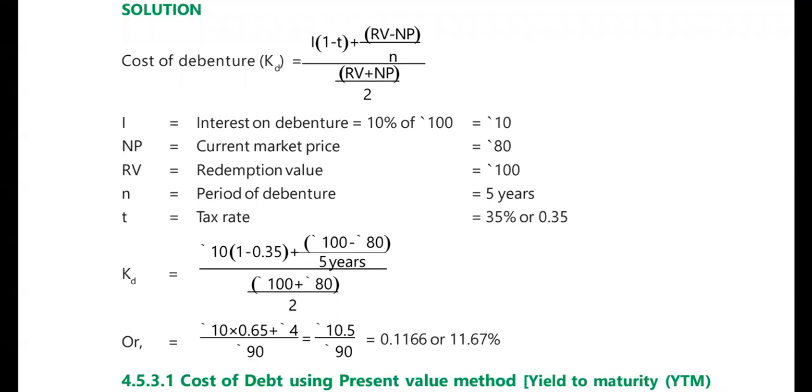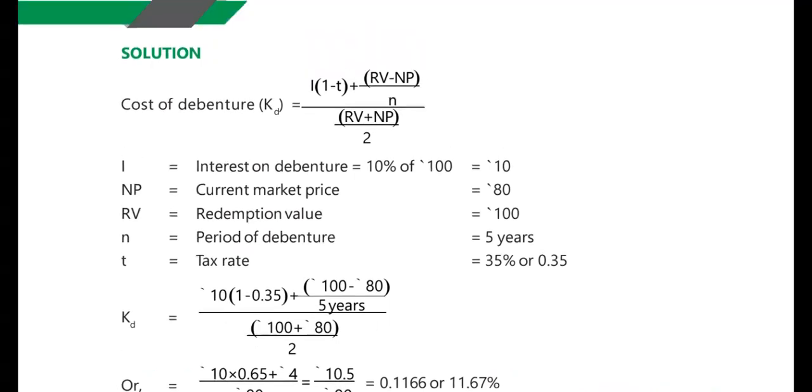So you will get 10 into 0.65 plus 4, whole divided by 90. So you will get 10.5 divided by 90, and the final answer will be 0.1166, or in terms of percentage 11.67 percent.